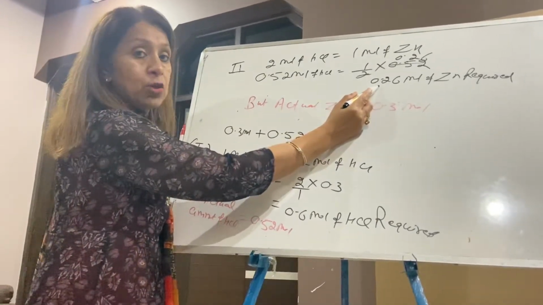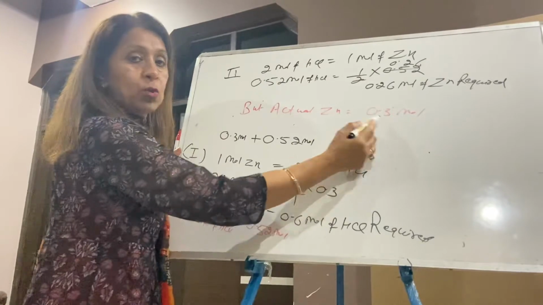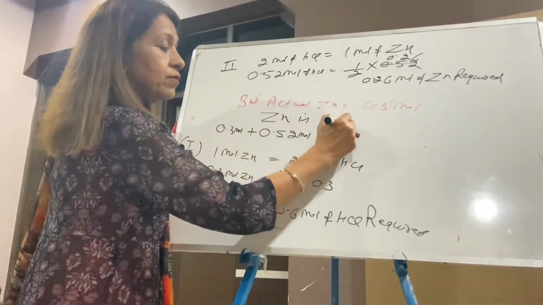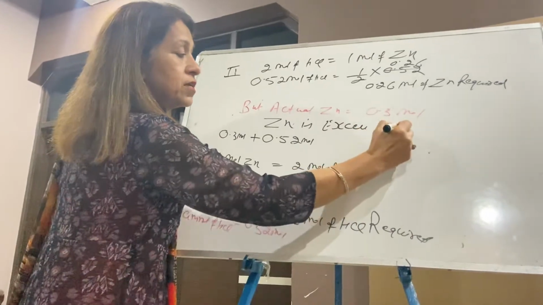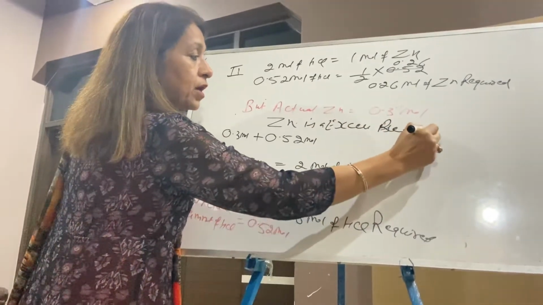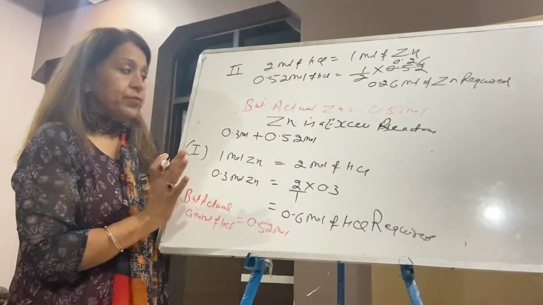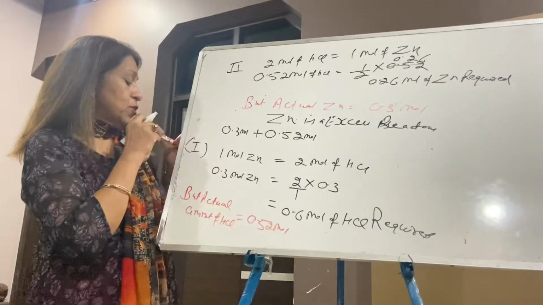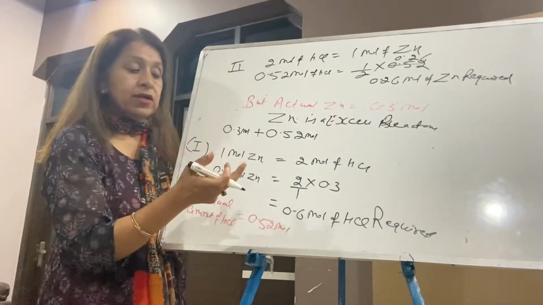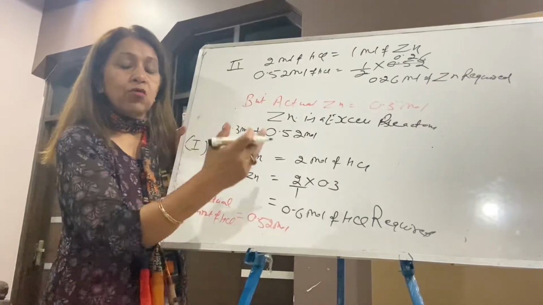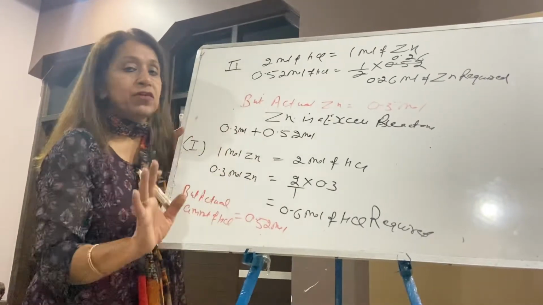You require 0.26 mole and 0.3 mole is given. Thus zinc is the excess reactant. Again listen to me carefully. I think you came to know how to recognize that a numerical is of limiting reactant. If all the amounts of reactants are given and you have to calculate something from the product side, then the numerical is of limiting reactant.